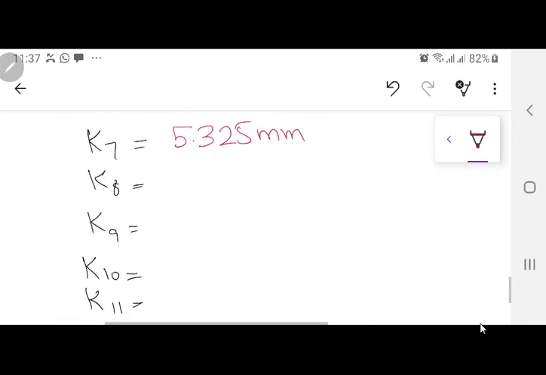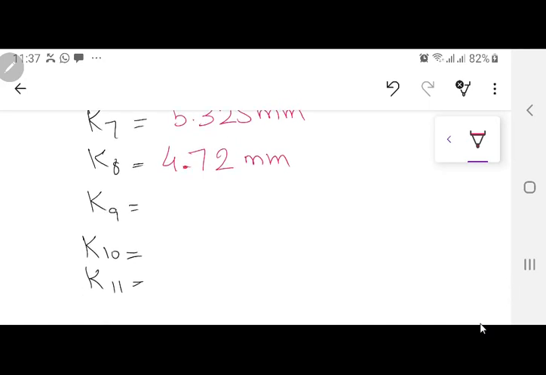Next, 4.772 mm. The last 3 steps after 4.72: 3.91 mm.